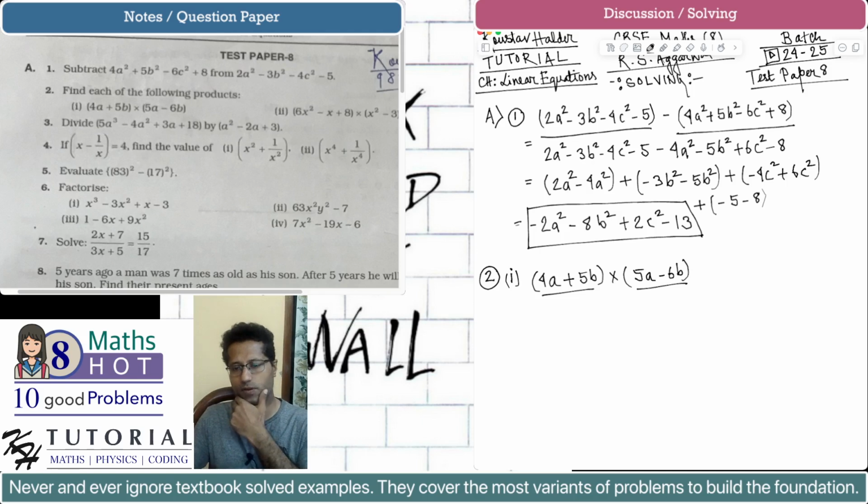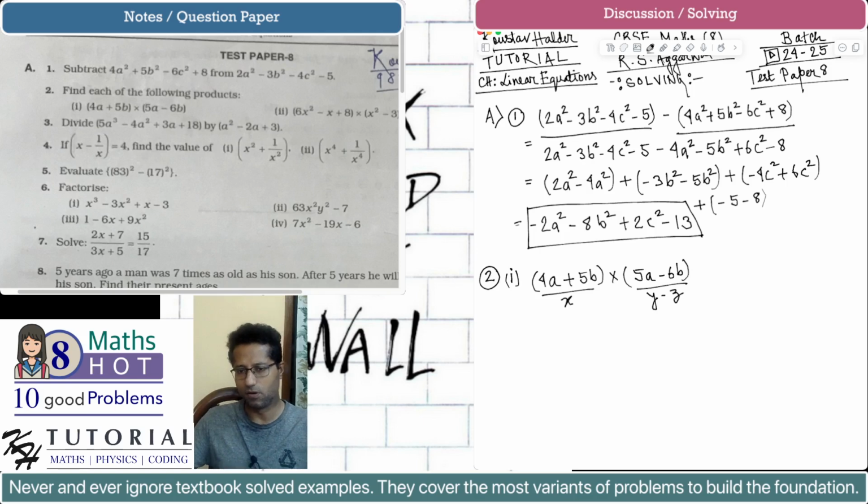And you know that when you do the product of two binomials, you have to apply the distributive law of multiplication over addition or subtraction twice. So let's say I will consider this expression as x and this expression as y minus z, just for the sake of ease of calculation.